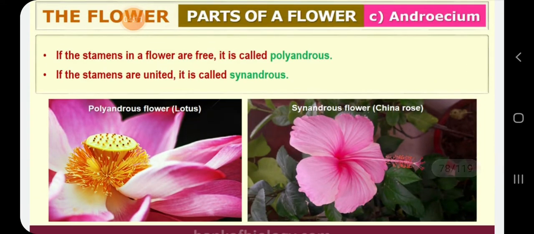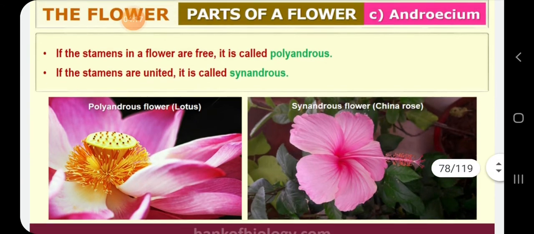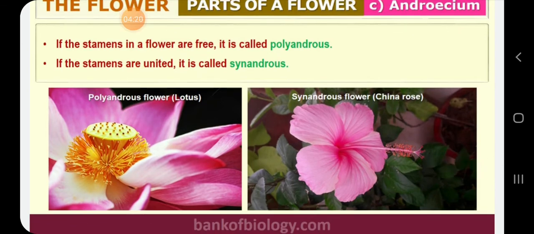When the stamens in a flower are free, they are called polyandrous, for example lotus. And if the stamens are united, they are called synandrous, for example China rose.